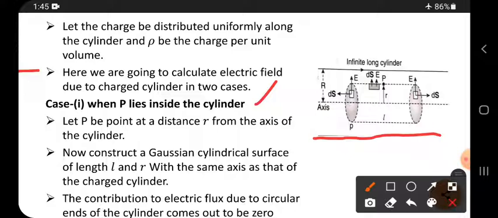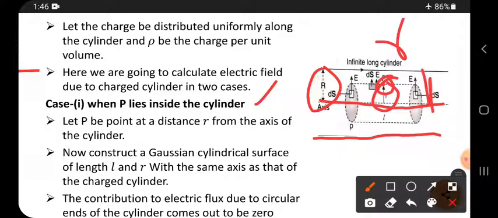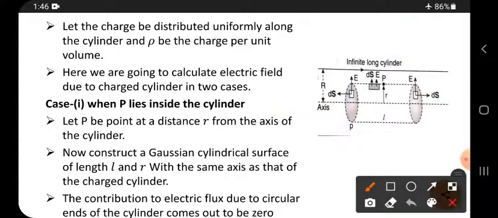Consider one point which is at a distance r from the axis of the cylinder. This r is denoted by small r. Why? Because capital R indicates the radius of the actual cylinder, but small r is the distance from the axis to the point.